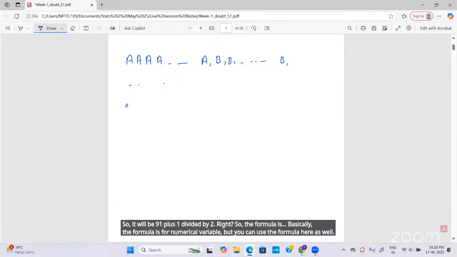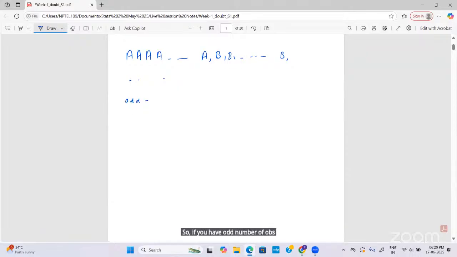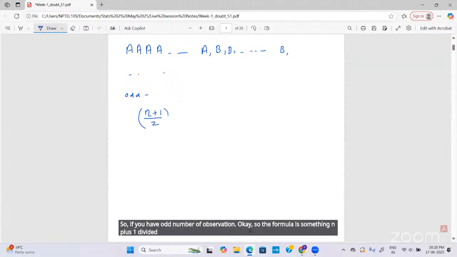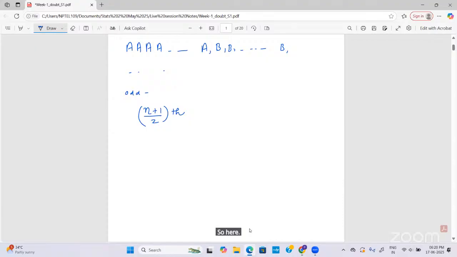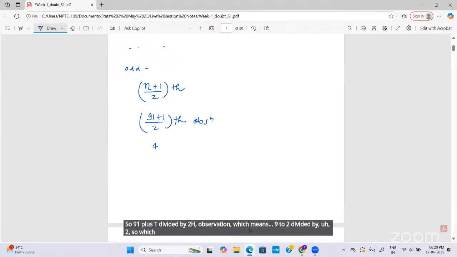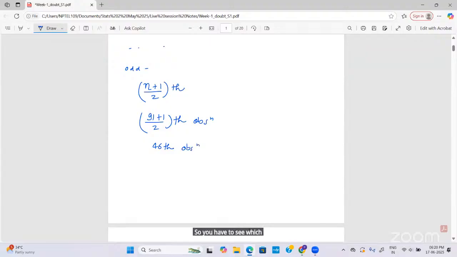If you have an odd number of observations, the formula is (n plus 1) divided by 2, th observation. Here n, the total number of observations, is 91. So (91 plus 1) divided by 2 means 92 divided by 2, which will be the 46th observation, right? So you have to see which observation is coming at the 46th position.